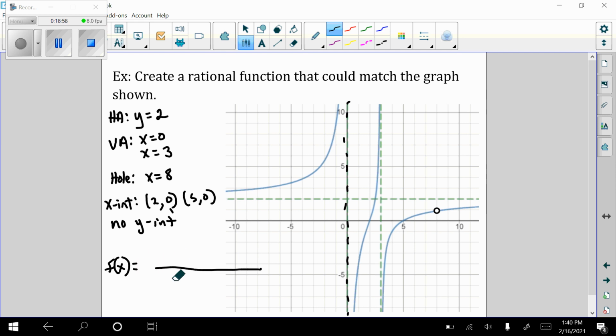For my vertical asymptotes, I know I need an x on the bottom and an x minus 3. And for my hole, I need an x minus 8 and an x minus 8 on the top. For my x-intercepts, I know I need an x minus 2 and an x minus 5.